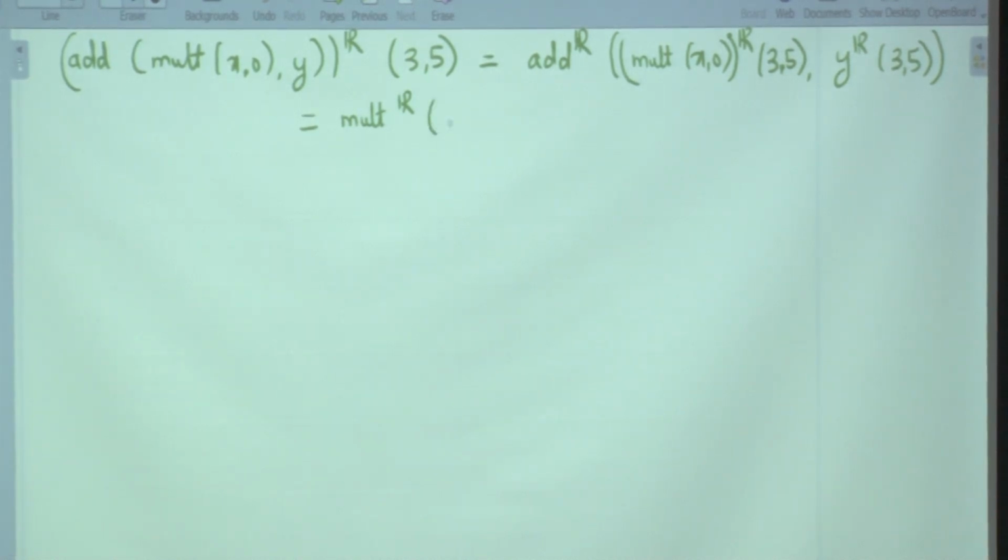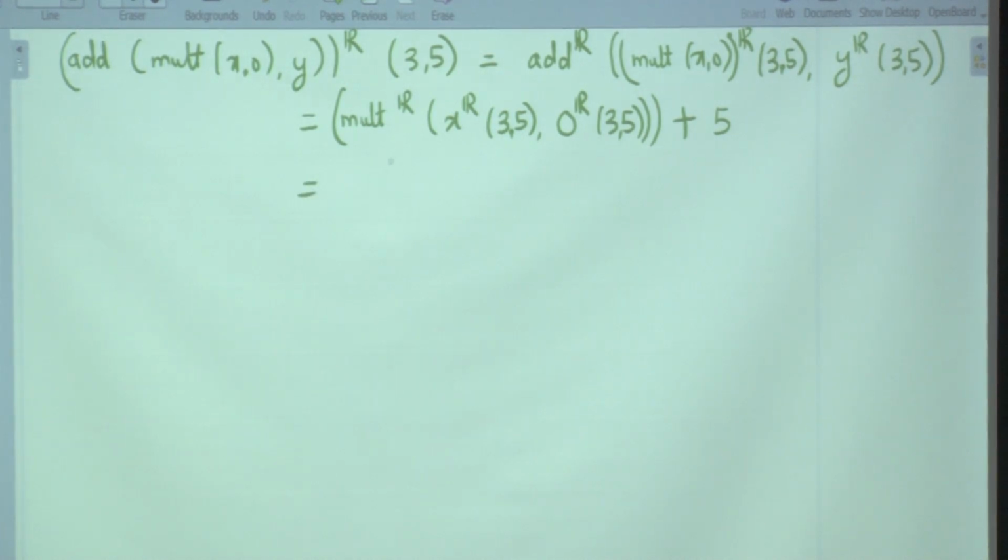Then the interpretation of x at 3 comma 5, then the interpretation of 0 at 3 comma 5, and then add R is what we usually write as plus. Then what is yR? yR is the second projection of x comma y, so that is 5.